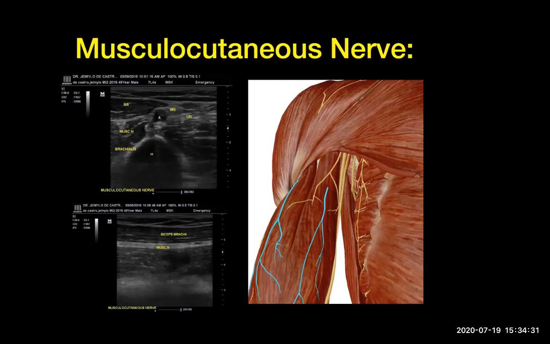Usually the musculocutaneous nerve is towards the left. And then you can see there the biceps and of course the coracobrachialis, okay? The musculocutaneous is the one found in between those two muscles, okay?